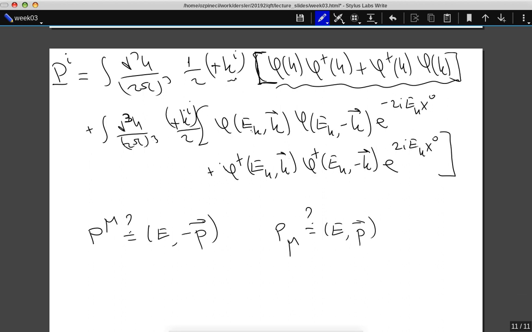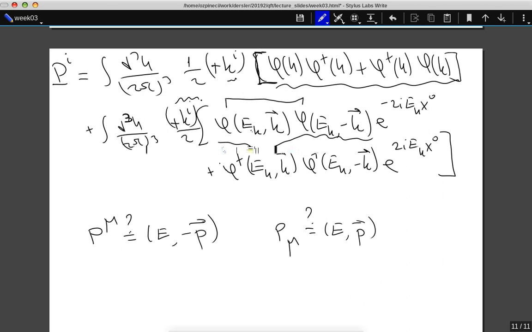Now, the last line. You see, these two things commute. Right? So now, if I changed k vector to minus k vector, this thing doesn't change. But this thing changes sign. So the integrand is odd when I replace k by minus k. I'm integrating an odd function over an even interval.